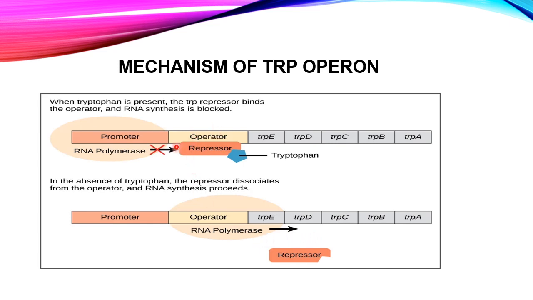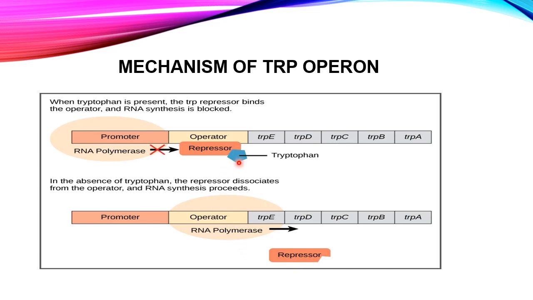Now let's consider the above picture. When the tryptophan is present, it will bind to the repressor protein, and the repressor protein will become active and bind to the operator region. Earlier it was inactive, so it was not binding.